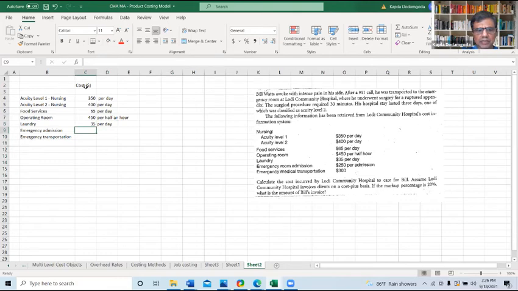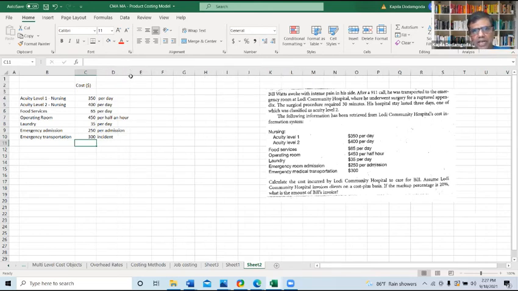Emergency room admission 250 per admission. Emergency medical transportation 300, let us say, per incident. So basically these are the cost drivers they use.